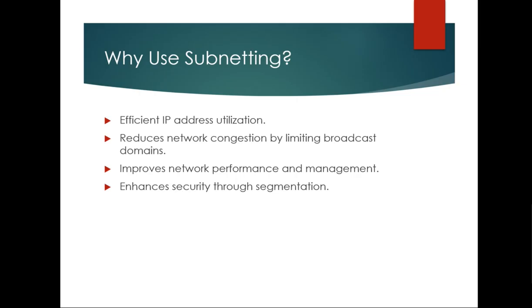In the previous slide I told you that if we need IP addresses for only 10 PCs, the other IP addresses should not go to waste or be unutilized. For that, the subnet mask is used. It also reduces congestion by limiting broadcast. Suppose I want to transfer data from one host to the 10 PCs, so that should only go to these PCs, not the other PCs. That's why subnetting is very important, and it also enhances performance and management.